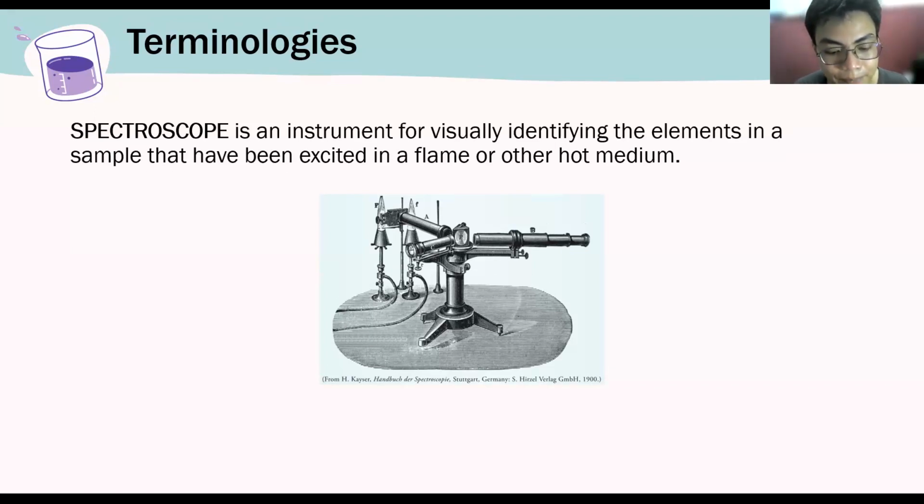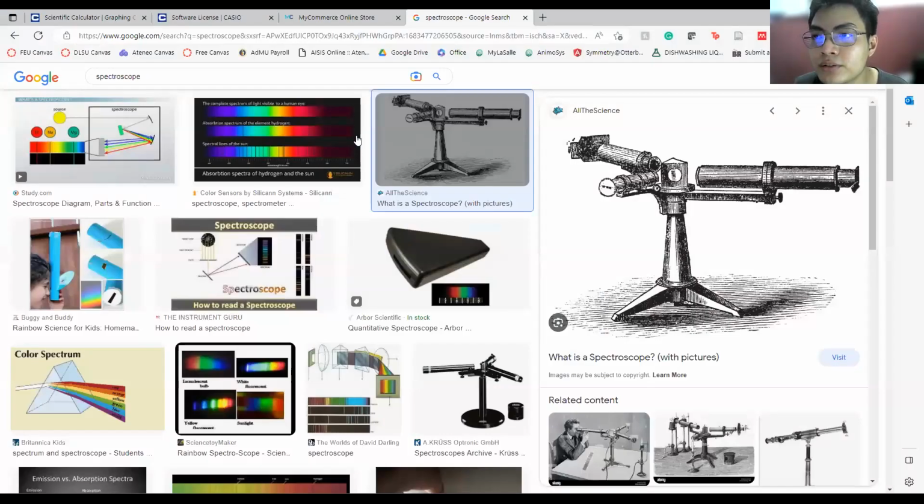Sige, share ko lang. Okay, so eto, tignan nyo. So when you view your spectroscope, okay, let me just share my browser. So when you view your spectroscope, ayan siya. So ito yung nasa slide natin.